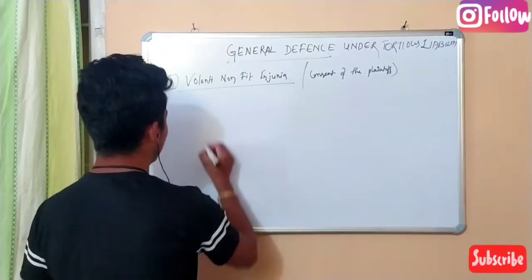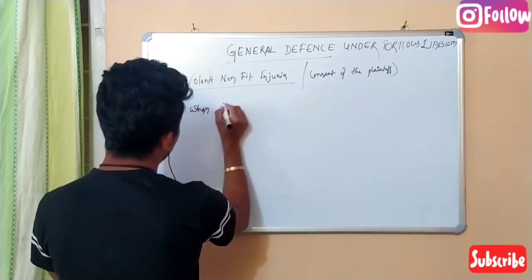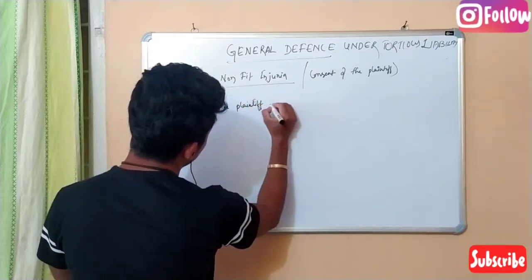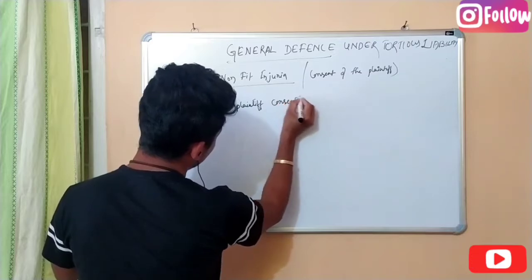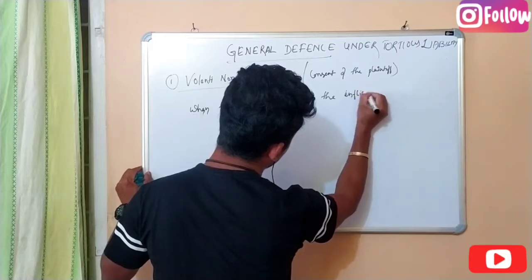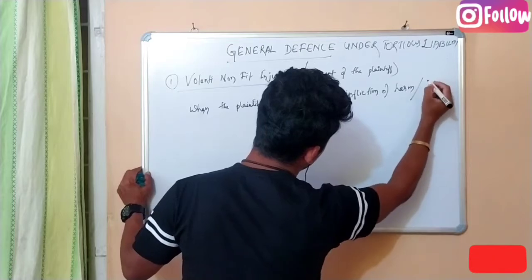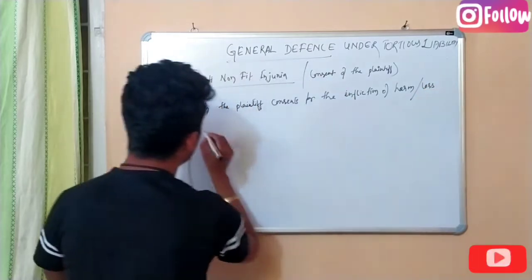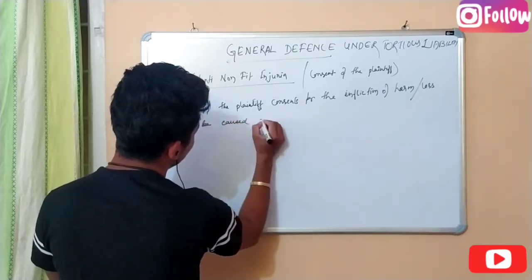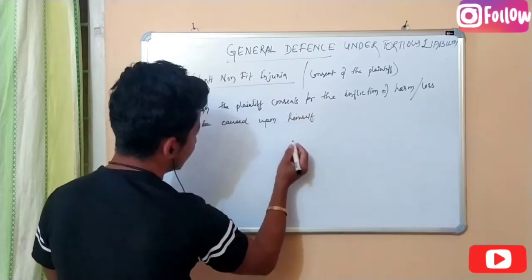So when the plaintiff consents to the infliction of harm or loss to be caused upon himself, in such a situation what happens?